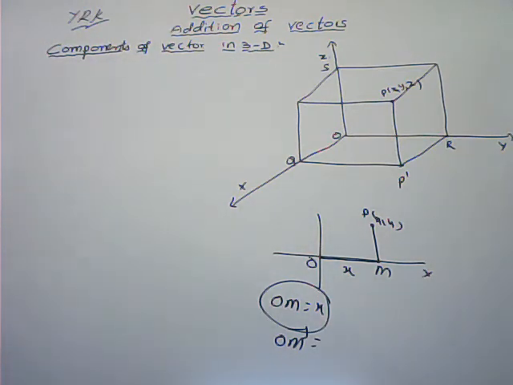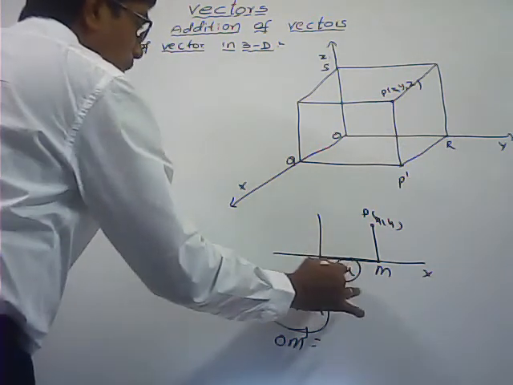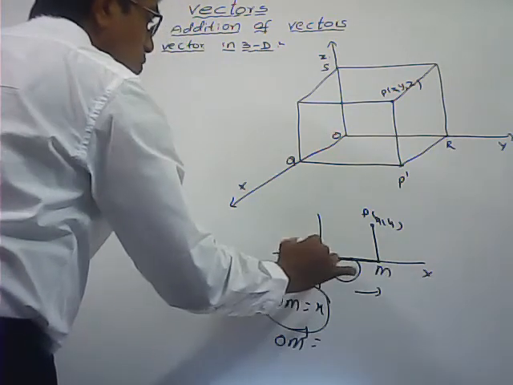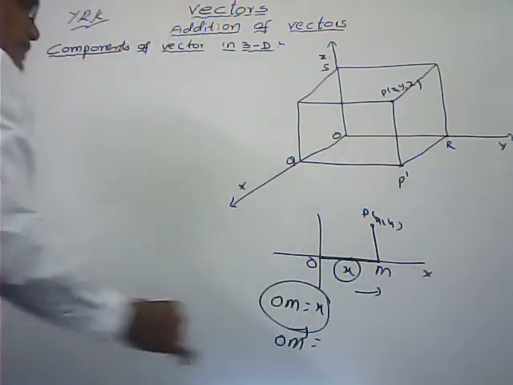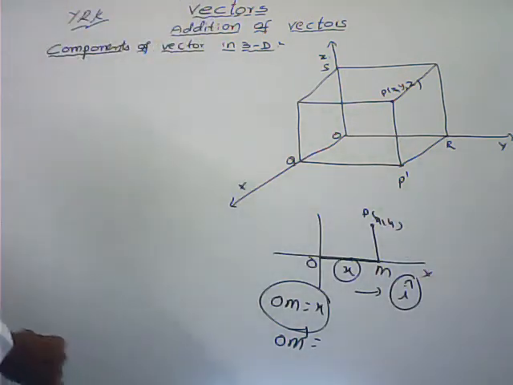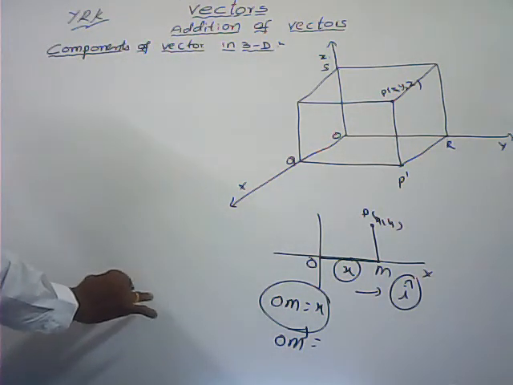Here, to write the vector, that magnitude should be multiplied by the unit vector in that direction. In the direction of the x-axis I am taking i cap, that is the unit vector, so its modulus is always 1 only.